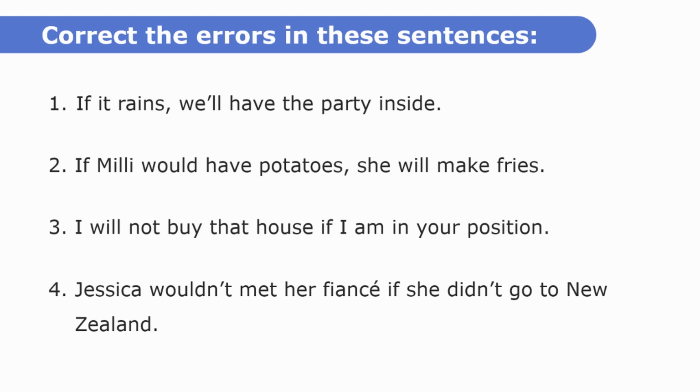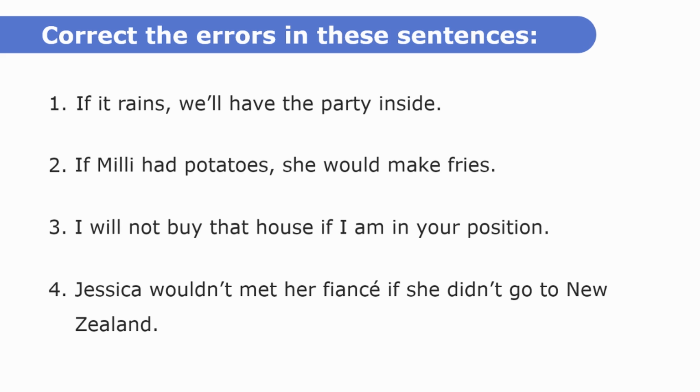Remember that we form the second conditional using a past simple sentence in the condition. So we have to change this to if Millie had potatoes, that's the condition, and in the result, we need would. So she would make fries. So the sentence is, if Millie had potatoes, she would make fries.